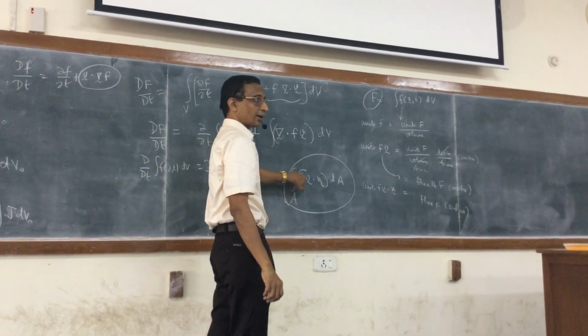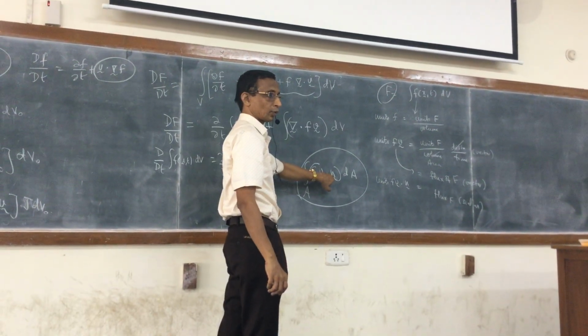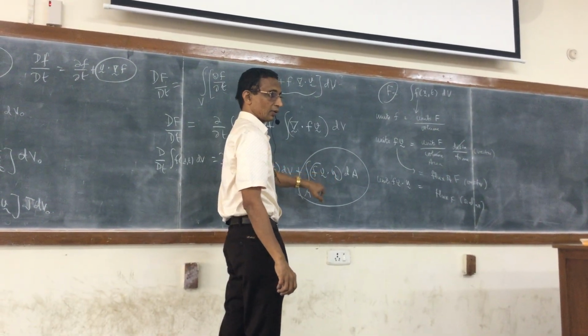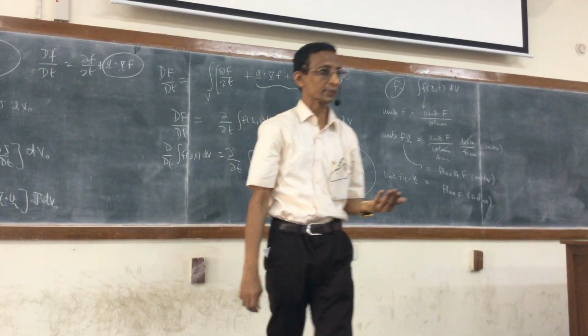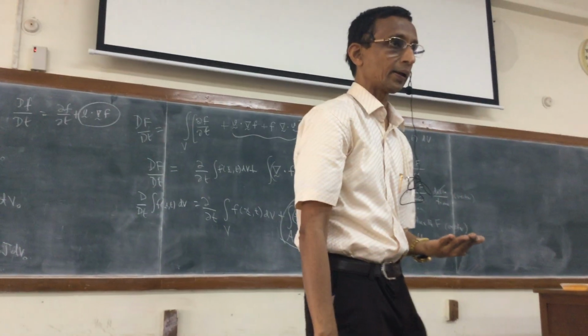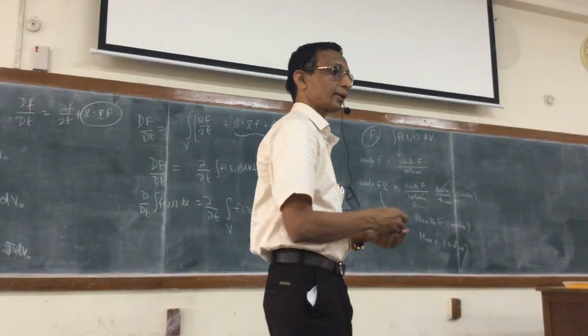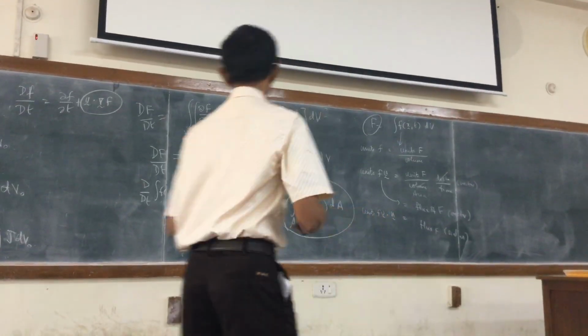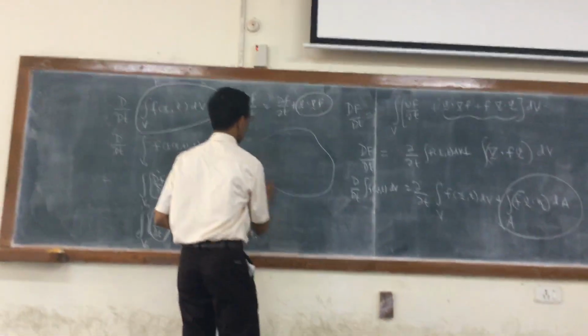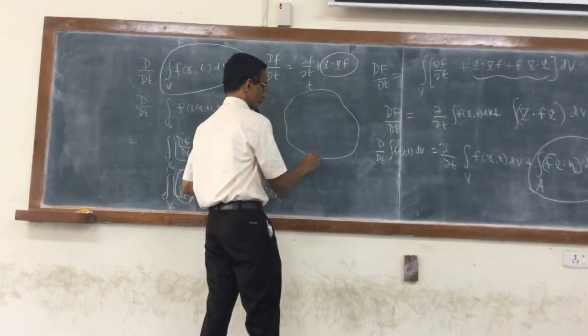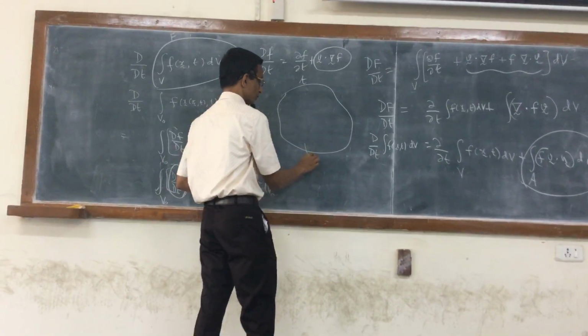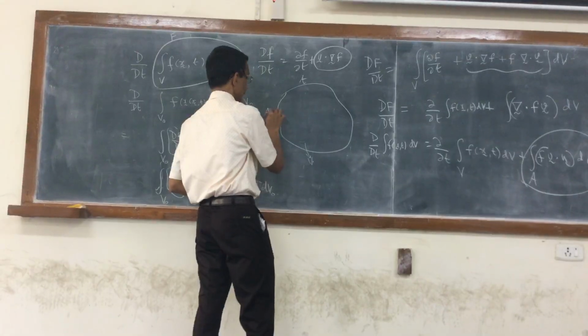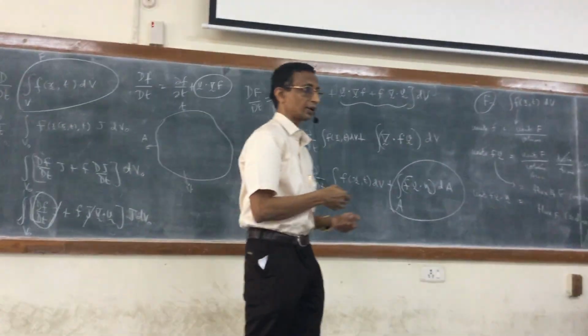Once I have a vector, take a dot product with respect to n, I get a flux again, it has the same units as the flux. It is now a scalar. That is now to be integrated over the area. So if I am now focusing at a particular instant of time, where I have a body of fluid which occupies a volume V, and this is the area over which I have to integrate.